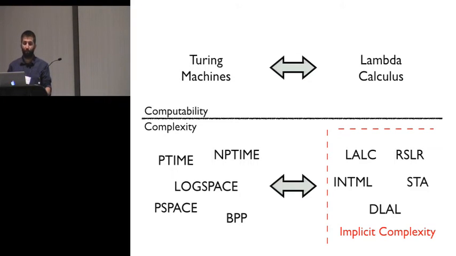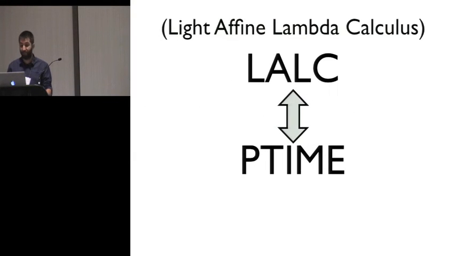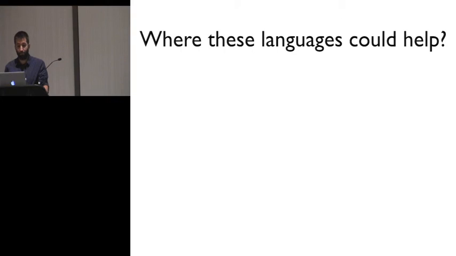And today I will focus in particular on one of these languages, the light affine lambda calculus, which corresponds to the class P-time. So you may wonder why people try to design programming languages corresponding to complexity classes. A theoretical answer can be because we want to understand complexity classes better, but I believe we can also learn something more practical from this.